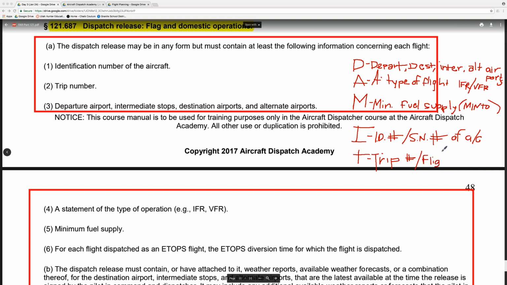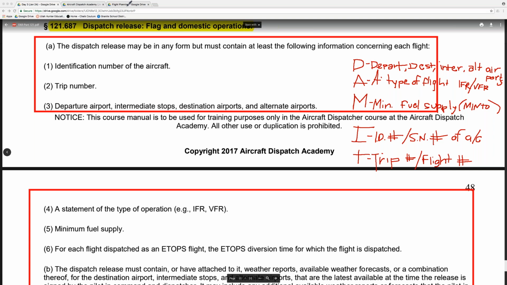So these ors on this side are like what you guys would probably refer to them as. So trip number or flight number means that the FAR states identification number of the aircraft, and trip number of the aircraft.